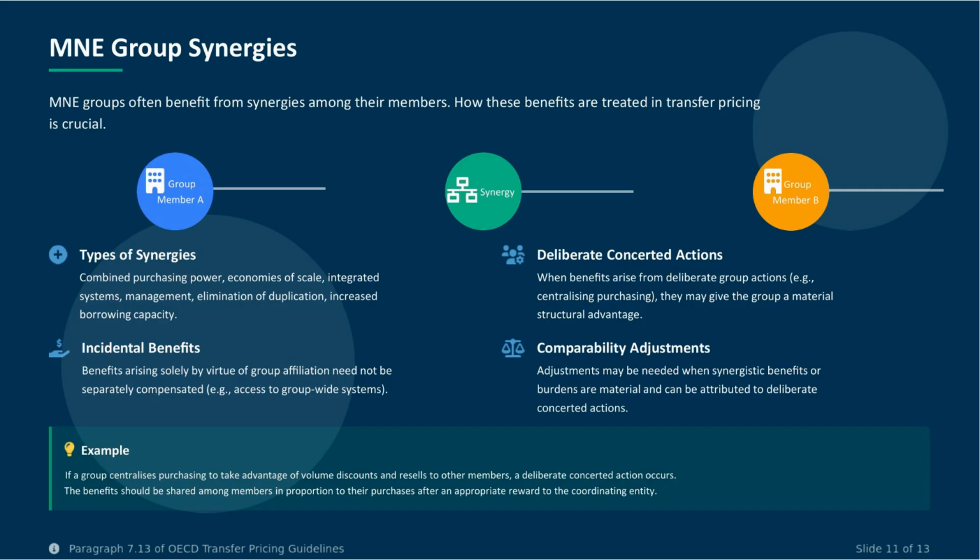Multinational enterprise groups benefit from synergies like combined purchasing power and economies of scale. Incidental benefits from group affiliation need no separate compensation. However, deliberate actions, such as centralizing purchasing, require comparability adjustments. Benefits should be shared among members proportionally, rewarding the coordinating entity appropriately for their role in achieving these synergies.